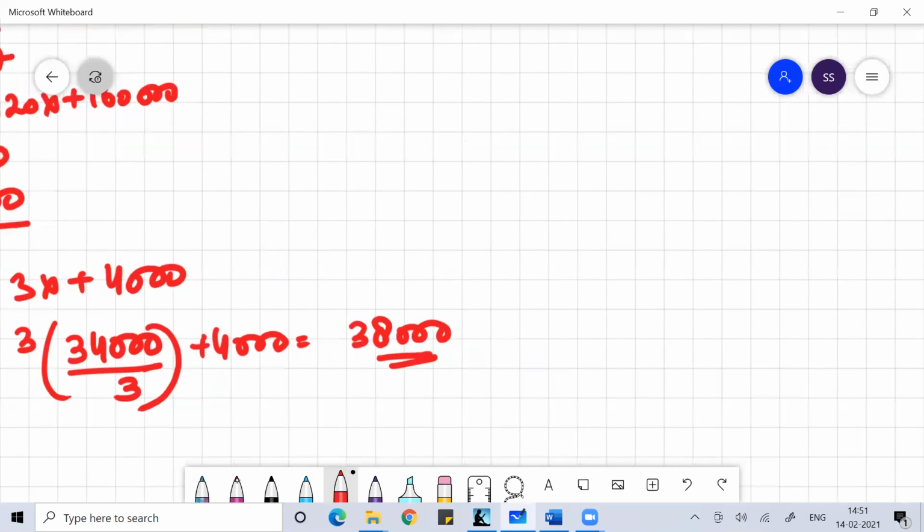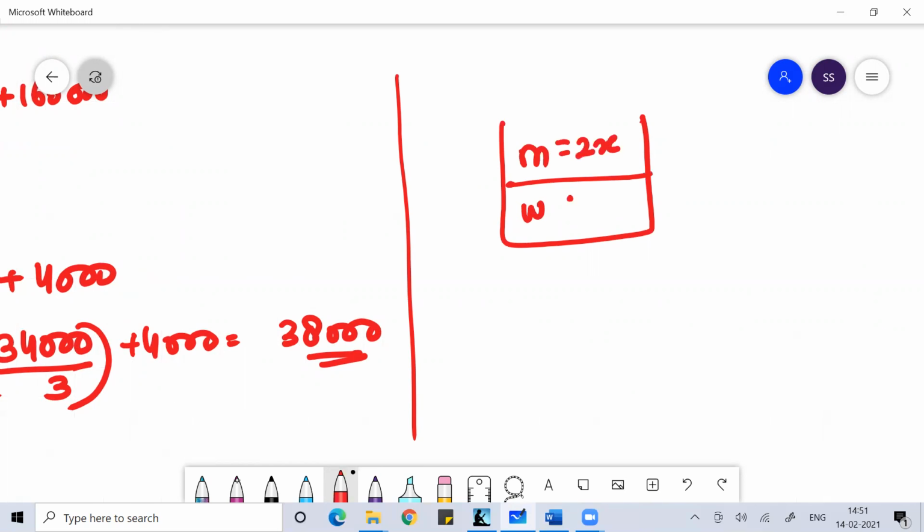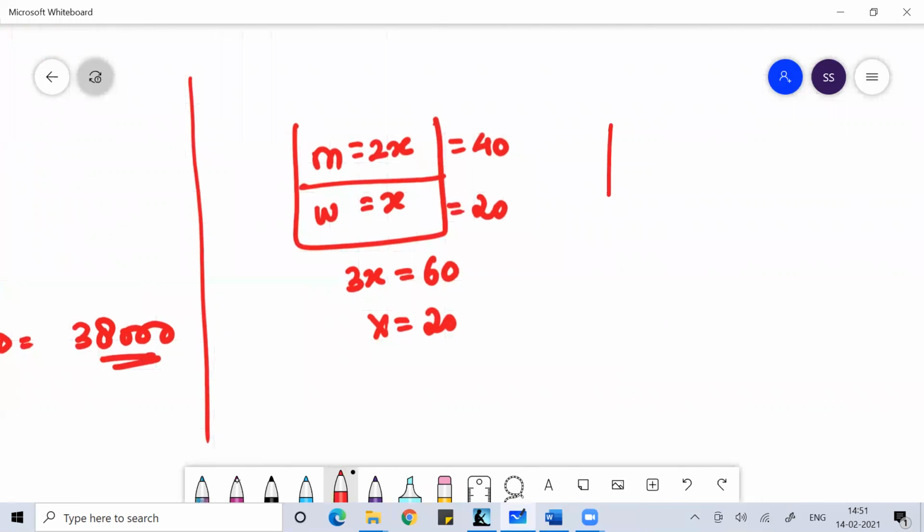So you have 60 liter in which you have milk and water. The ratio you want to be 2x is to x, that is equal to 60 liters. So the value of x is 20 liters. So the milk is 40 and water is 20. Now what is the question?